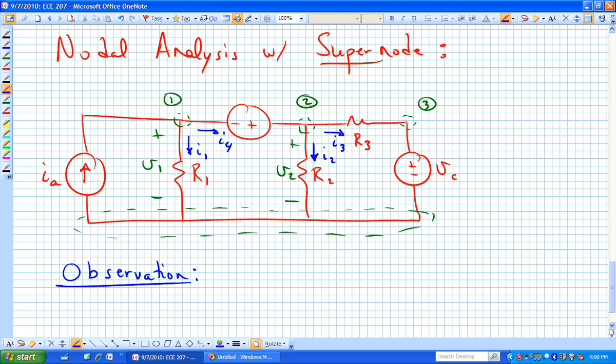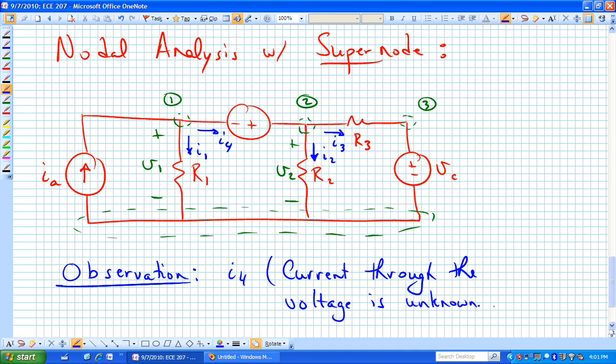I can't find an equation for it because there is no resistance that's identifiable from that source. That's the wrinkle. I sub 4, which is the current through the voltage source, is unknown. That's going to present a dilemma.